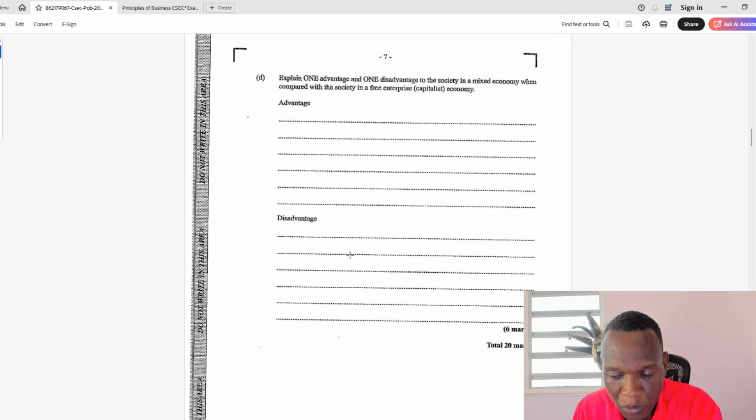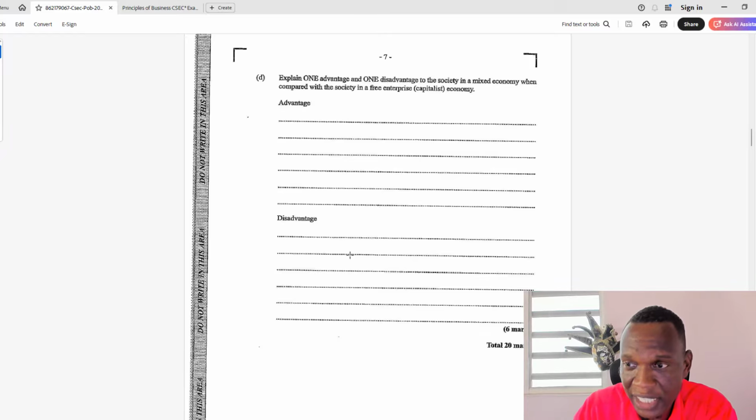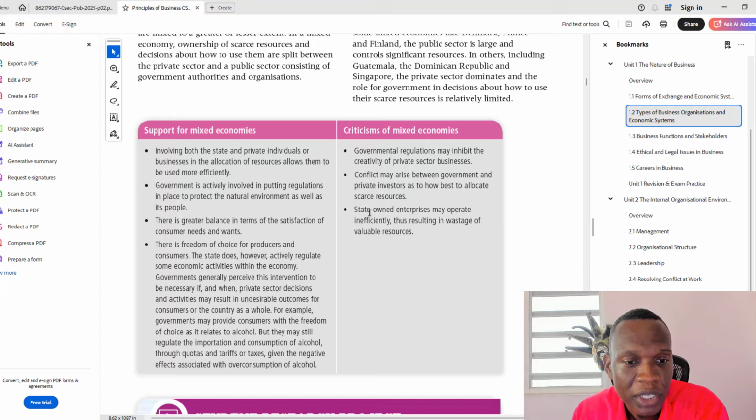Also, a next downside is that government organizations are one of the most inefficient organizations out there. The government is one of the most inefficient entities for allocating resources, and so that can be a big disadvantage. Once the government is in charge, you're going to be very, very inefficient. So those are some advantages and disadvantages of the mixed system versus the capitalist system. And you can go to your textbook to see how they outline some of these right here.